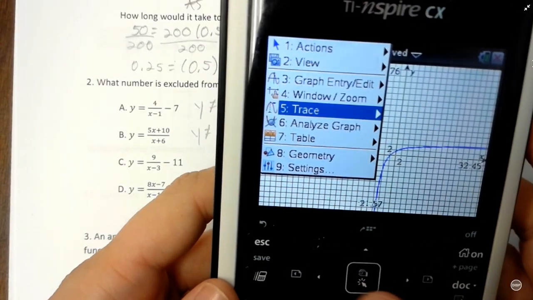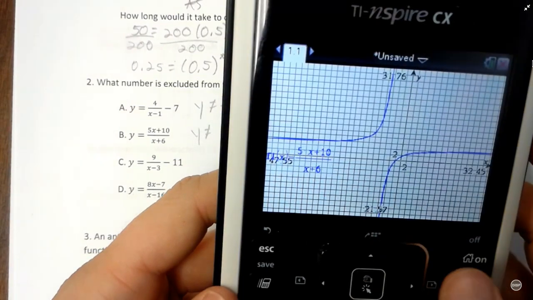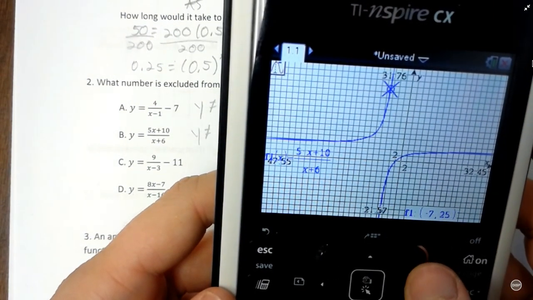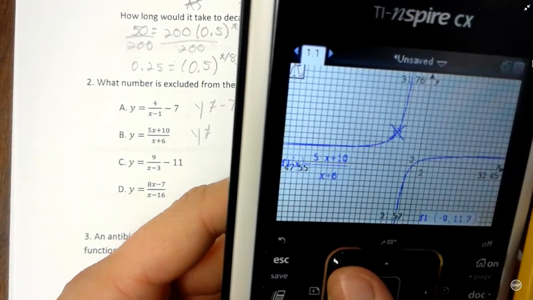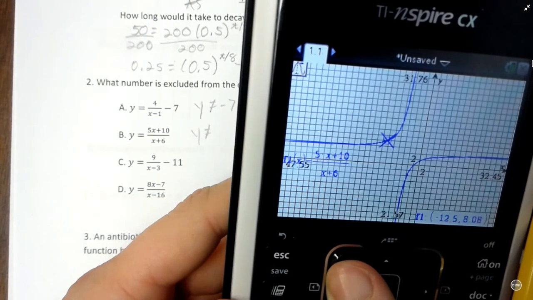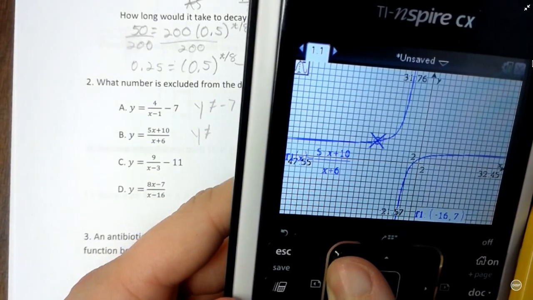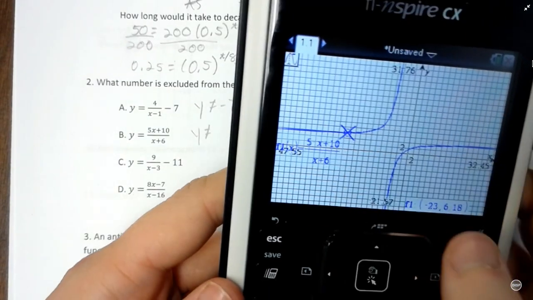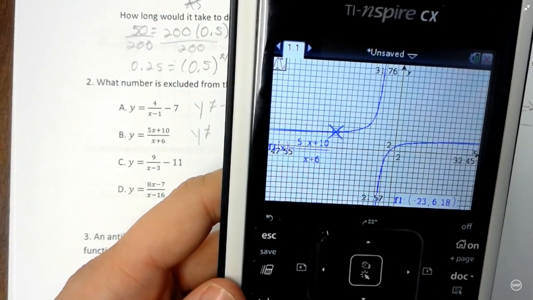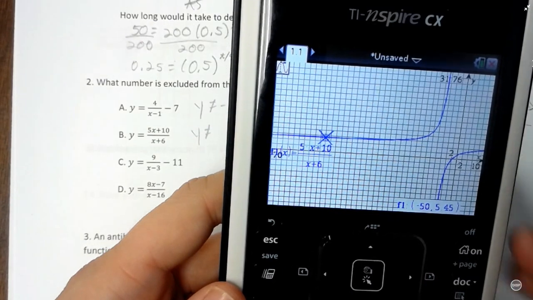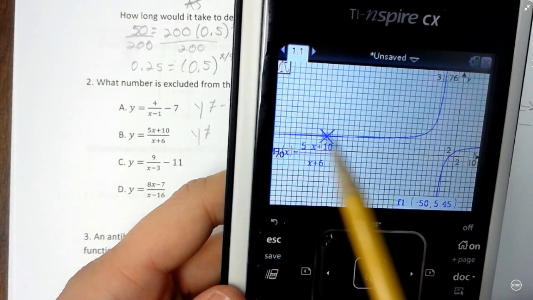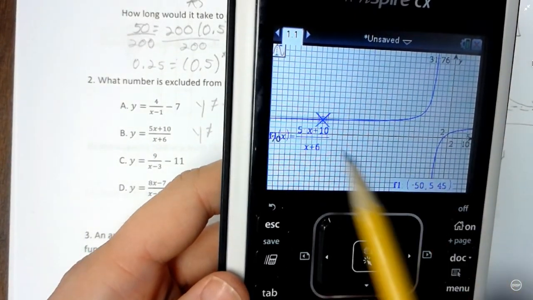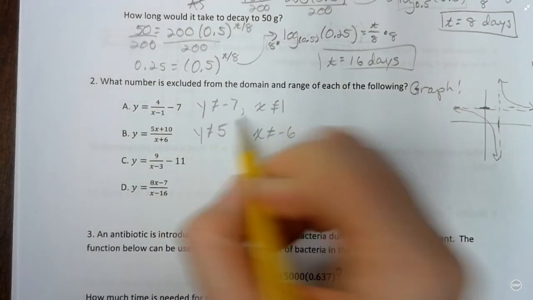Kind of hard to tell on that one from the graph. And sometimes you want to skip to another x value. So it looks like it's approaching 5. So that horizontal asymptote there is going to be at 5. So y is not equal to 5.